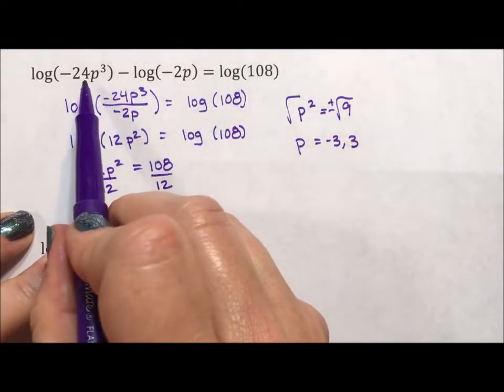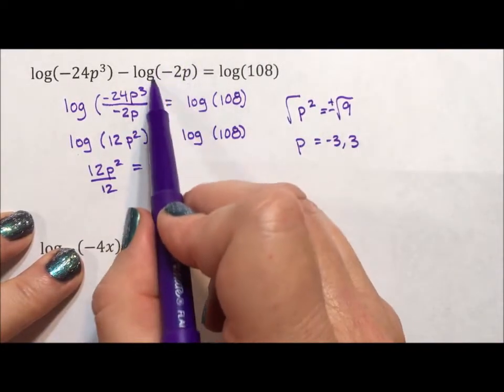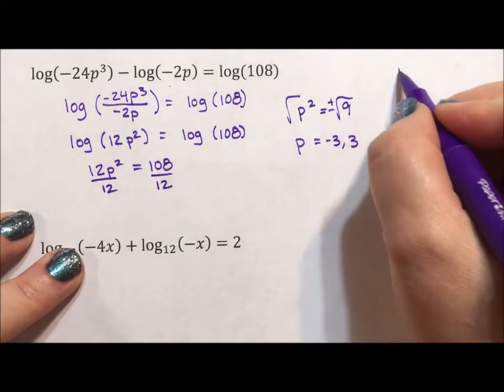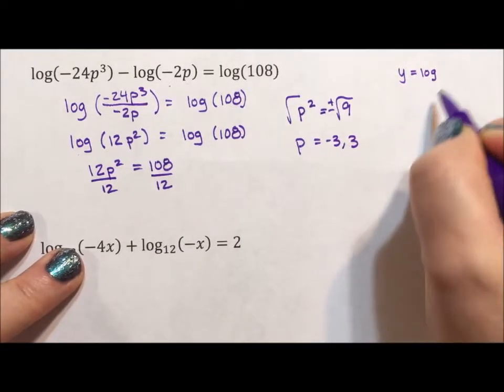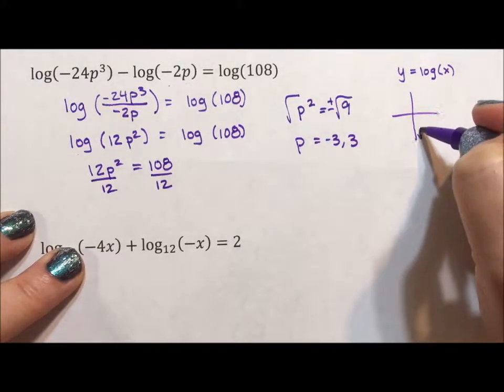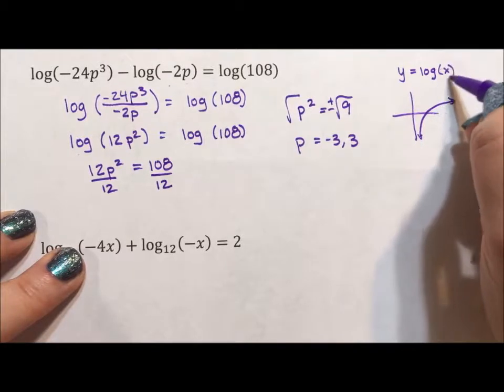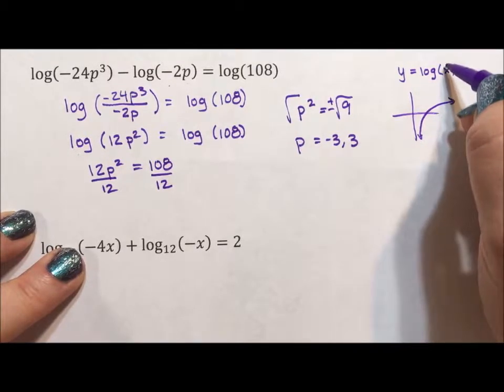The thing is, the argument of the log has to be positive. A generic graph of y equaling log of x looks like this. It does not cross that y-axis. It's never 0, it's never negative. Your x values, the numbers that you put into a log, cannot be 0, cannot be negative.